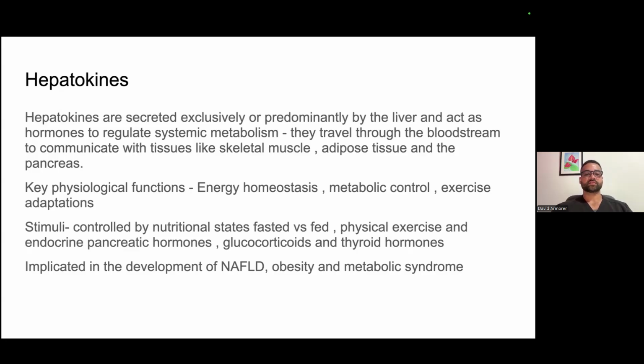Some of the physiological functions: energy homeostasis, metabolic control, and exercise adaptations. Stimuli are controlled by nutritional states, fasted versus fed, physical exercise, endocrine and pancreatic hormones, glucocorticoids, and thyroid hormones. It's implicated in the development of non-alcoholic fatty liver disease, obesity, and metabolic syndrome.